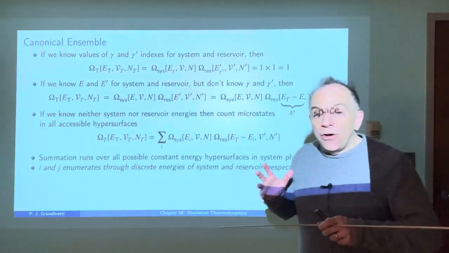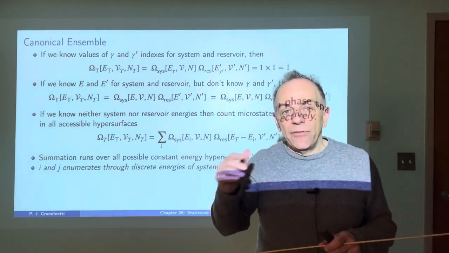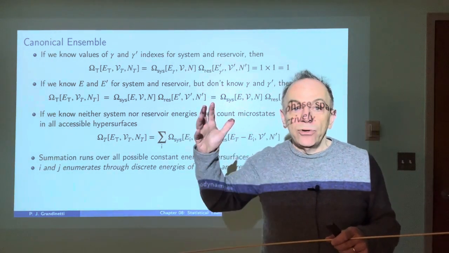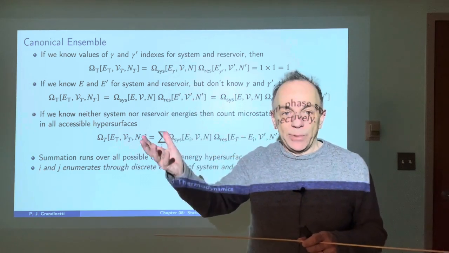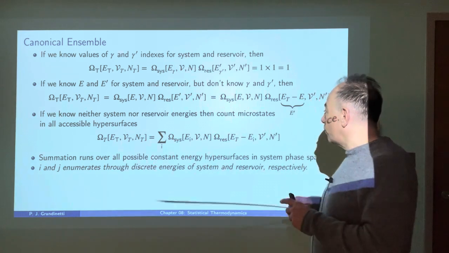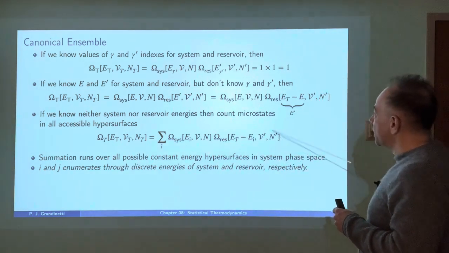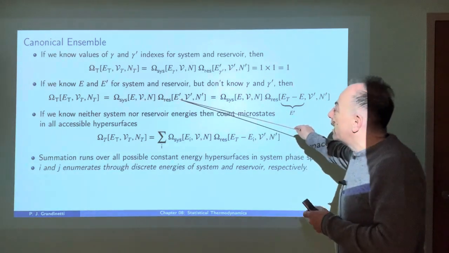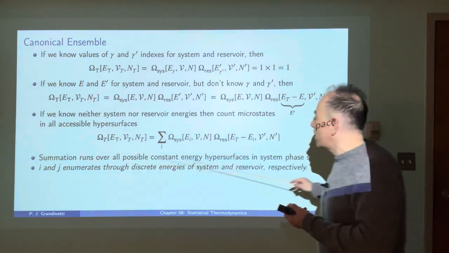Now, if I didn't know the energy of the system nor the energy of the reservoir, then I'd have to include all possible microstates that were accessible to the system and the reservoir. So what I would have to do is sum over the product. This is the number for if I knew the energy was on a given constant energy hypersurface.